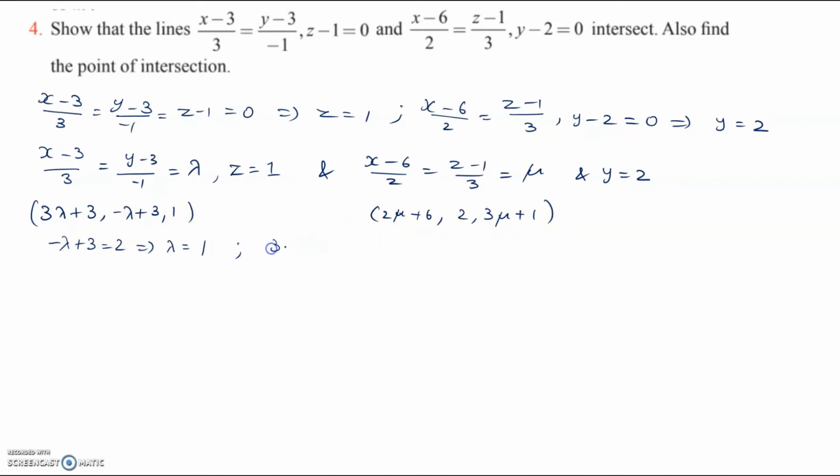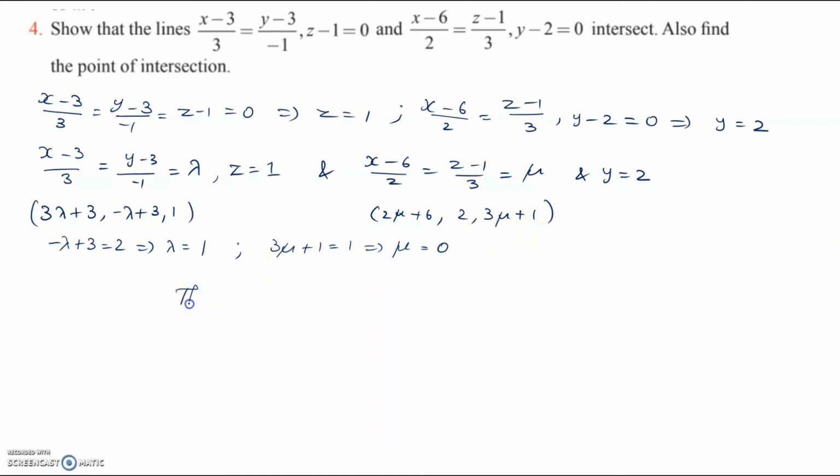Therefore, mu is equal to 0. So we have lambda and mu. So substituting the value of mu as 0 into the point here, you will get 6, 2 and 1.